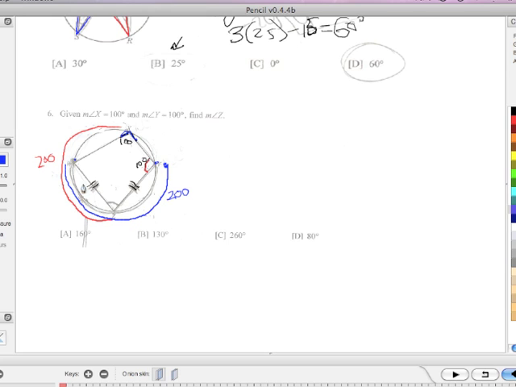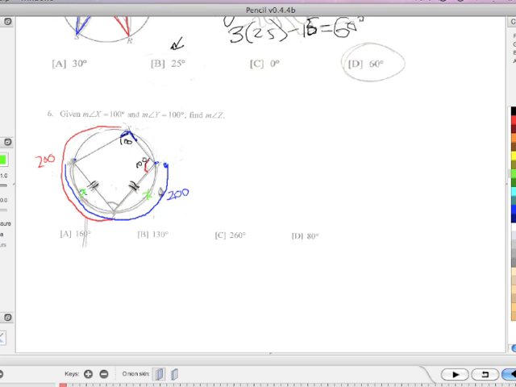Next, we know that since these two segments are congruent, these arcs must be equal. Let's call this arc length x, and this arc length must also be x.